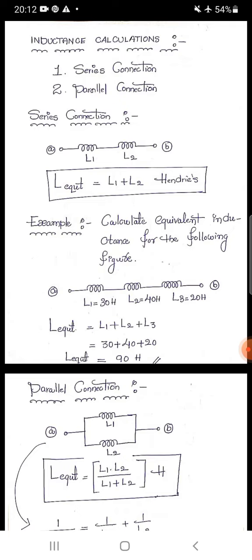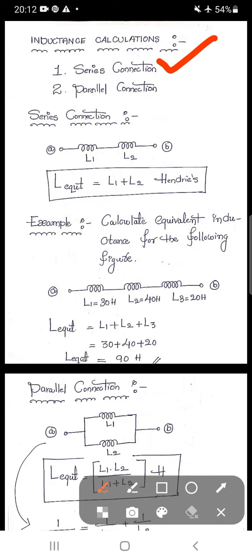Basically, there are two different types of connections: one is series connection and the second is parallel connection.